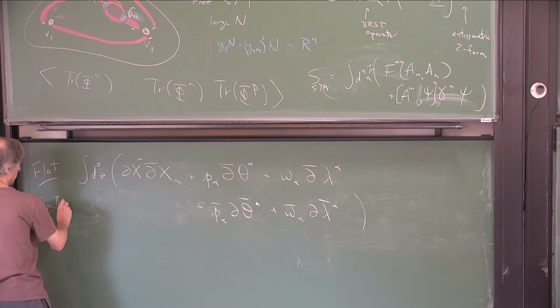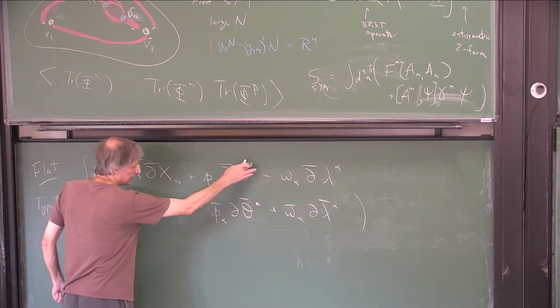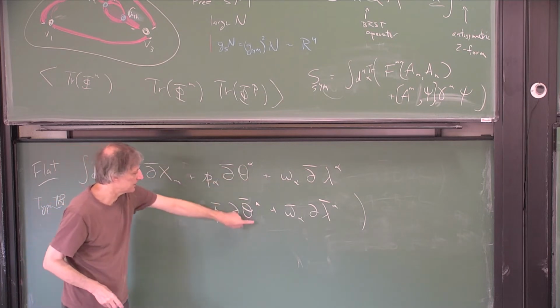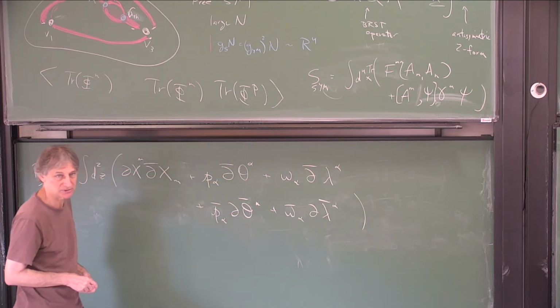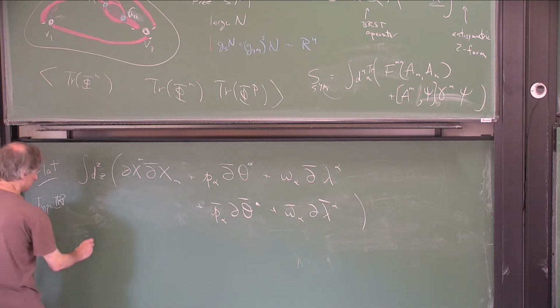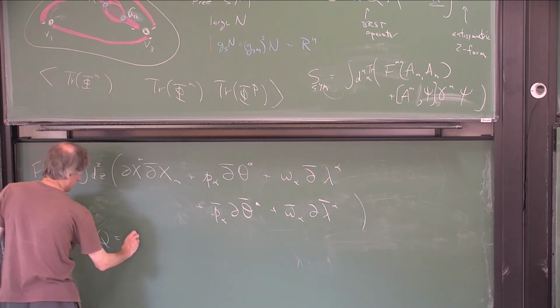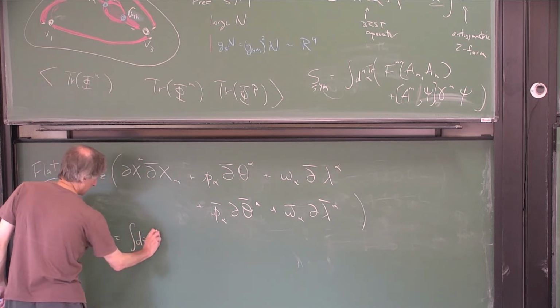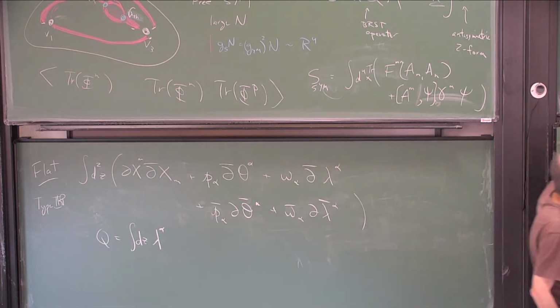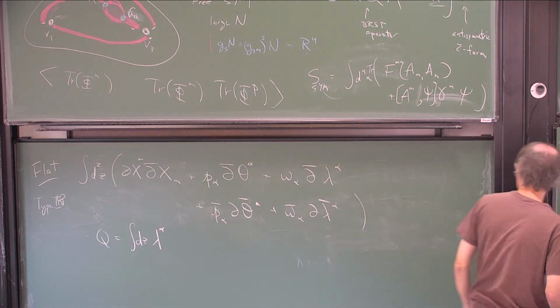So this would be type IIB because the thetas and theta bars have the same space-time chirality. If you were doing type IIA, this would have an upper index and this would have a lower index with the opposite chirality. Okay, so now we have a worldsheet field. And of course, we also have Q. Now I have to tell you what D alpha is. Capital D alpha is going to play the role like d/dtheta plus theta d/dx.